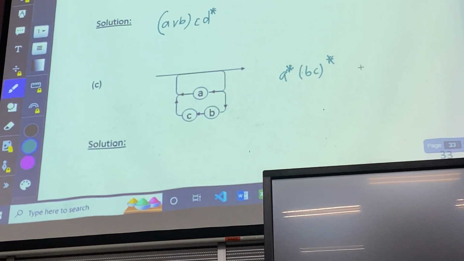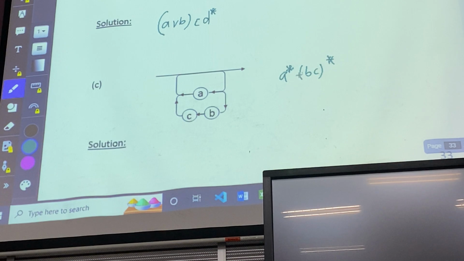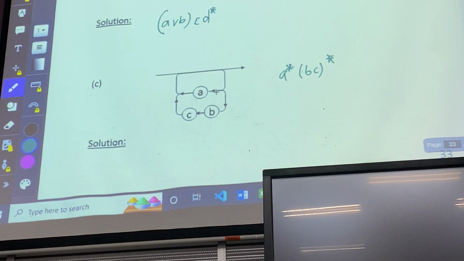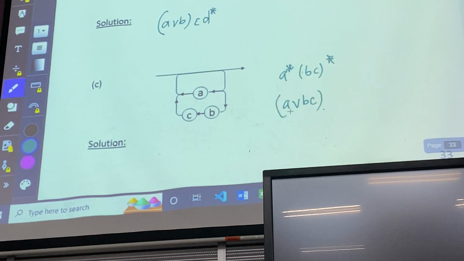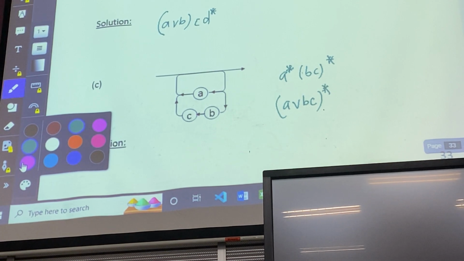So if I loop for one time and write like this, I can go to A and then BC, right? So to be more specific, we need to put the alternative in between these two, which is A or BC. The line is not straight.